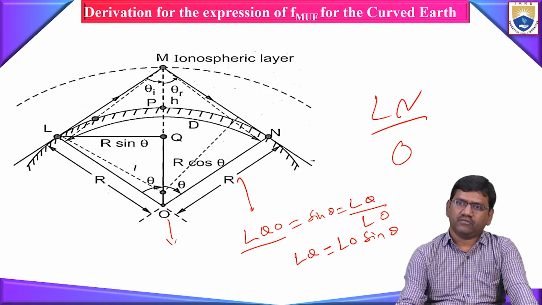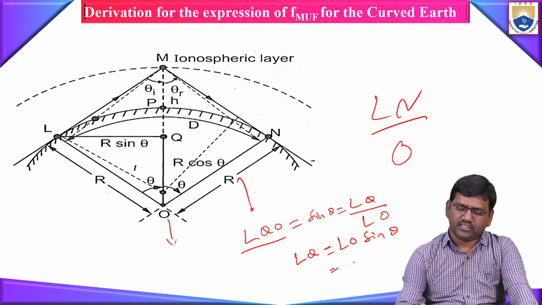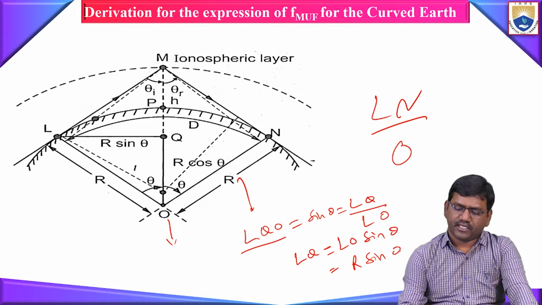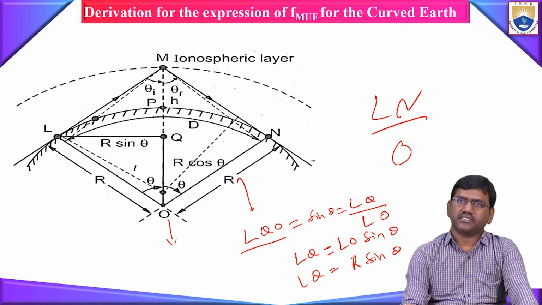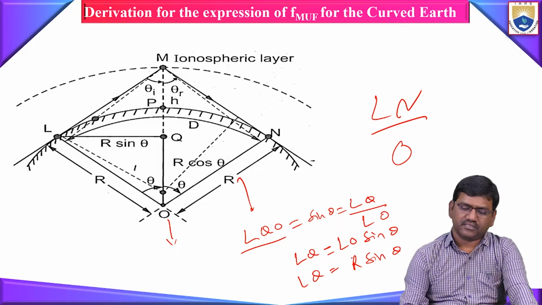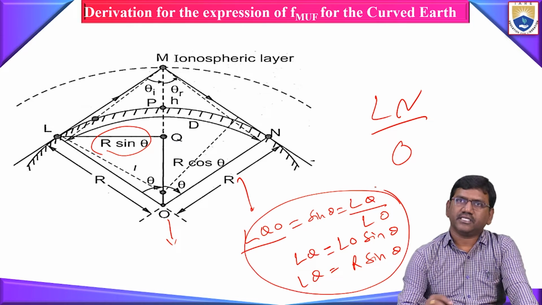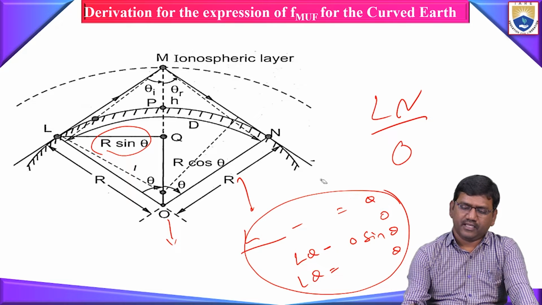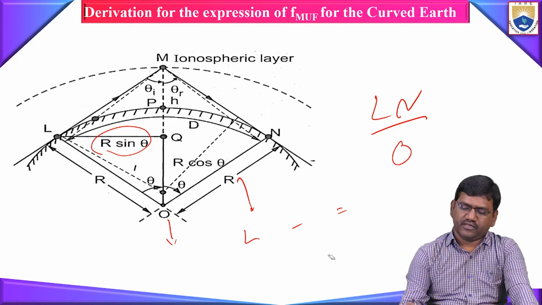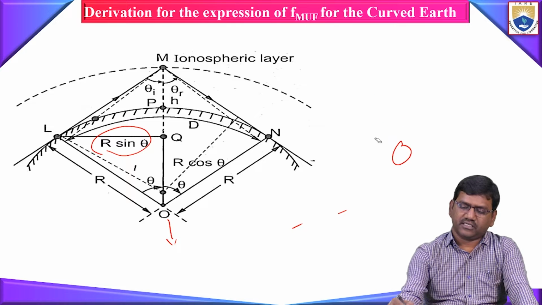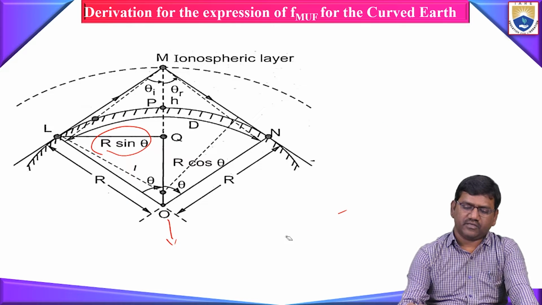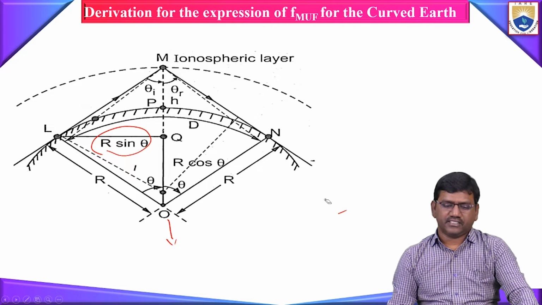LO is nothing but R, so LQ is written as R sin theta. Similarly, you can find any of the sides by applying cos theta also.